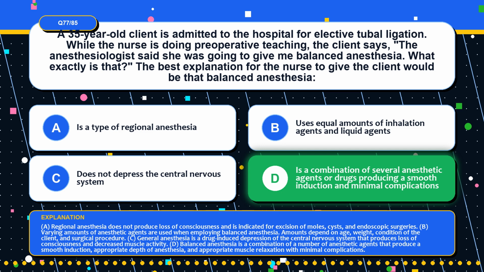Amounts depend on age, weight, condition of the client, and surgical procedure. C. General anesthesia is a drug-induced depression of the central nervous system that produces loss of consciousness and decreased muscle activity. D. Balanced anesthesia is a combination of a number of anesthetic agents that produce a smooth induction, appropriate depth of anesthesia, and appropriate muscle relaxation with minimal complications.